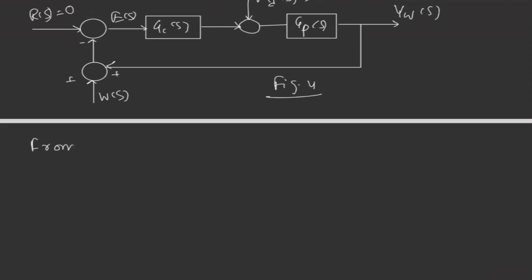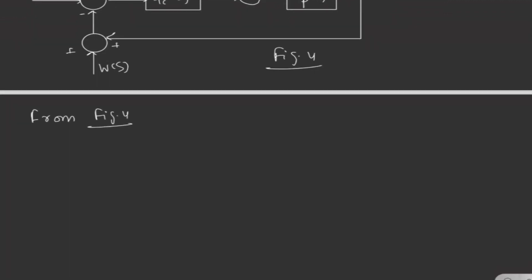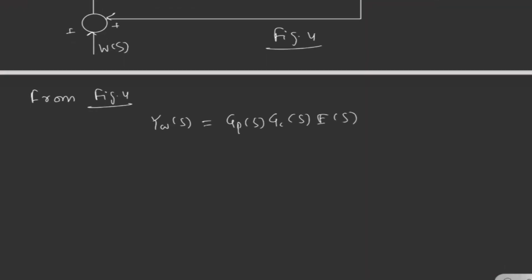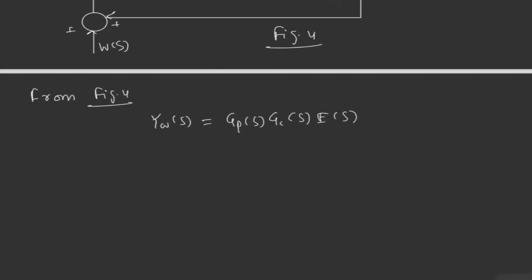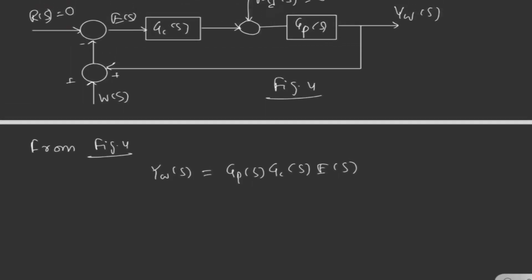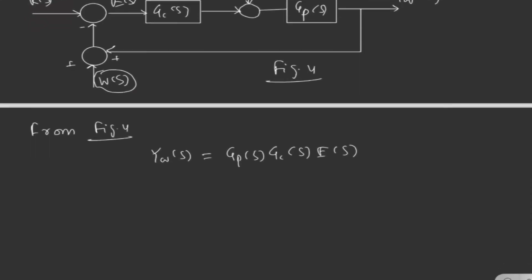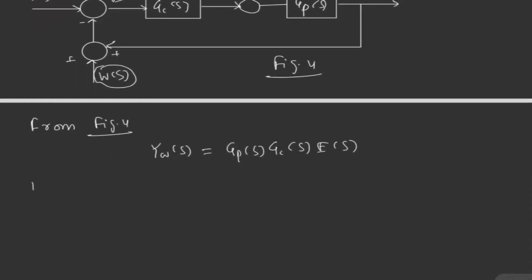From figure 4, we can write Y_W(S) equal to G_P(S) G_C(S) into E(S). But here, since we are assuming measurement noise in the system, we can write E(S) equal to R(S) minus Y_W(S) plus W(S).